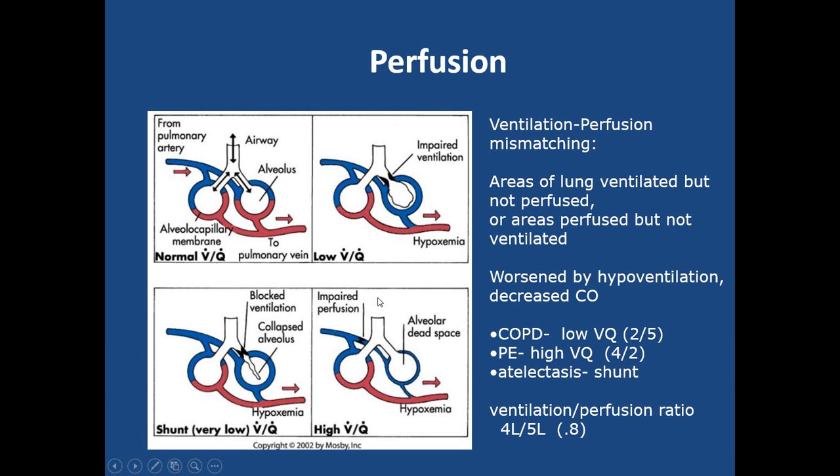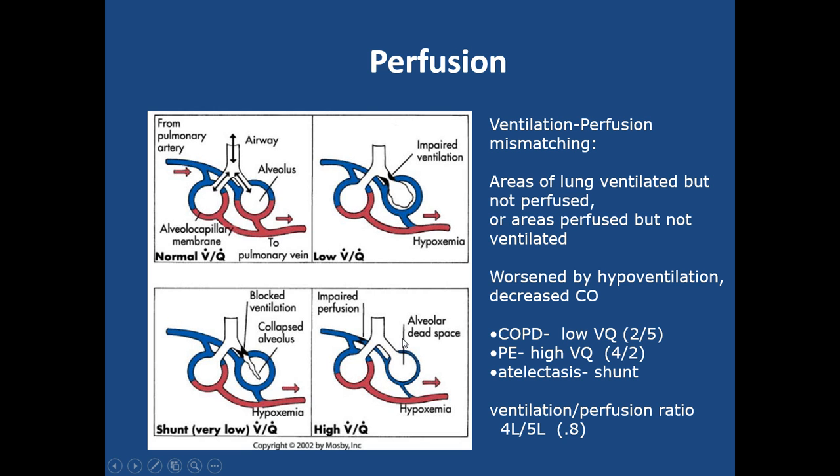If ventilation's okay, so these alveoli are ventilating properly, but there's an issue with circulation, so you can see there's a clot over here, then we'll still get our 4 liters of airflow, but we'll get a decreased amount of blood flow. So say maybe we have 4 liters of oxygen or air to 2 liters of blood in a time period.